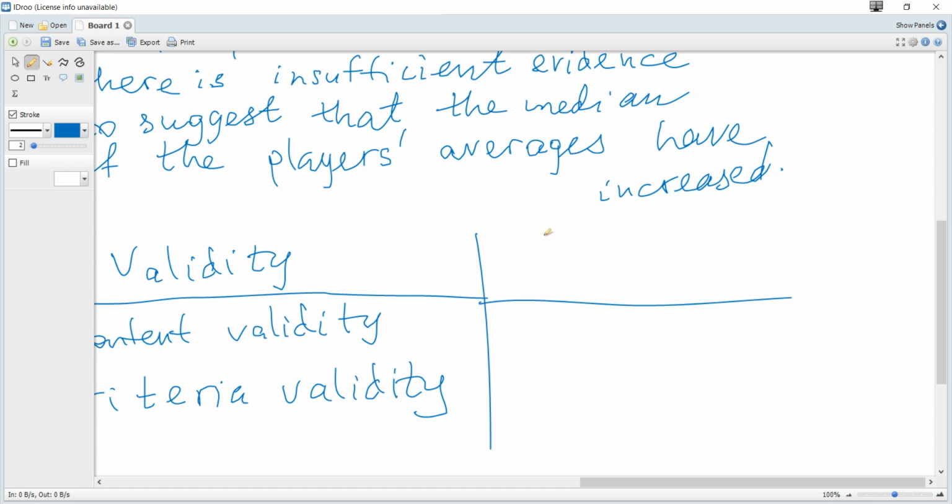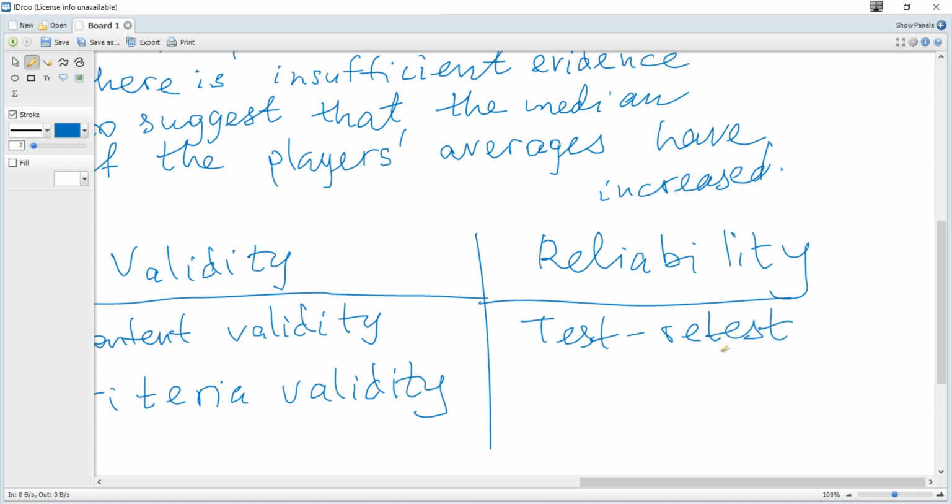And reliability is about: does your test yield consistent results? And you should remember here test-retest and parallel forms.